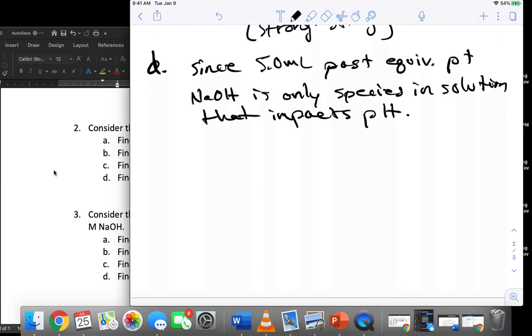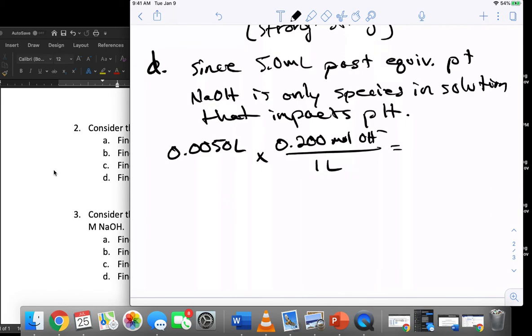To show those steps, if I have 5 milliliters, that's 0.0050 liters, times, for the sodium hydroxide, 0.200 molar. If I multiply these things together, I get about 1.0 times 10 to the minus 3 moles of NaOH.